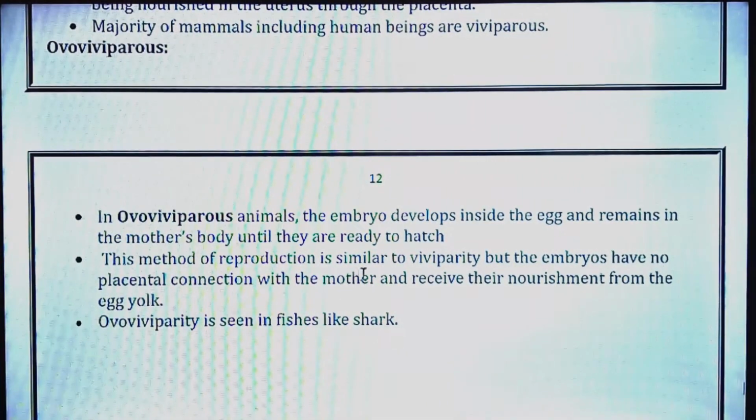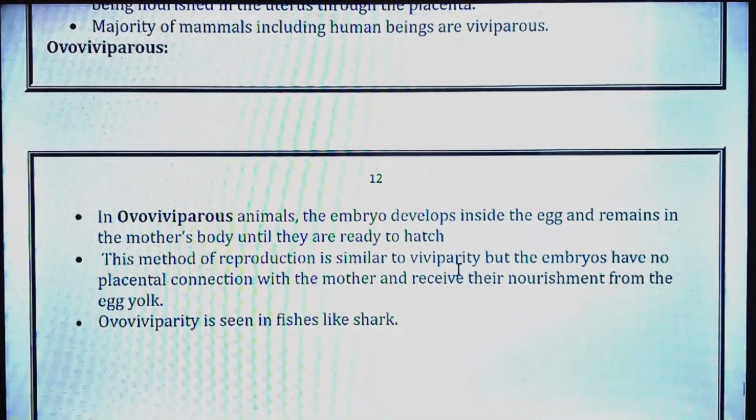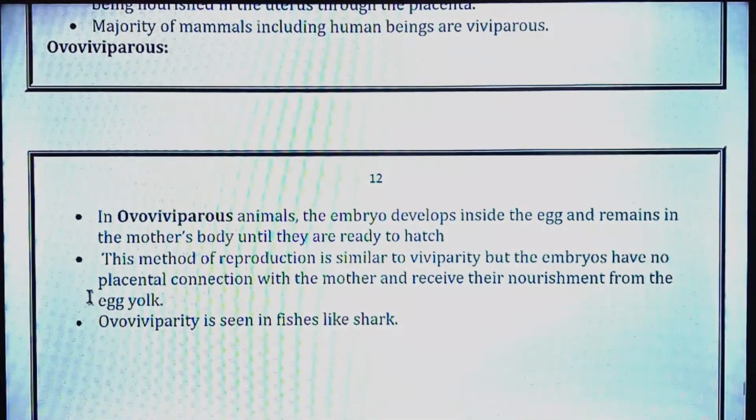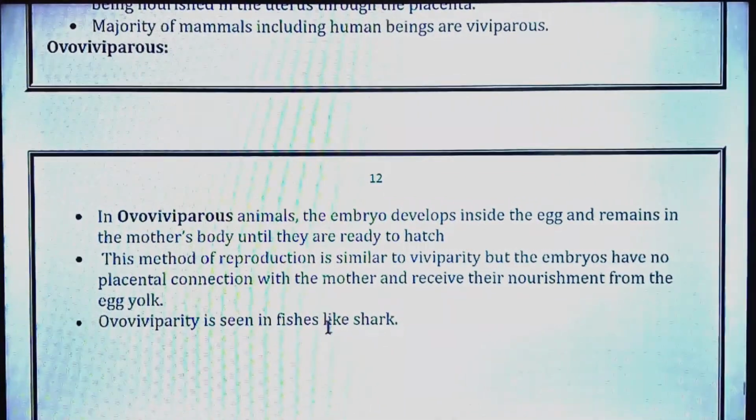So this method of reproduction is similar to viviparity, that means giving birth to their young ones. But the embryos will not have any placental connection with the mother, but they receive the nourishment from the egg yolk only. So ovoviviparity is seen in some fishes like shark.